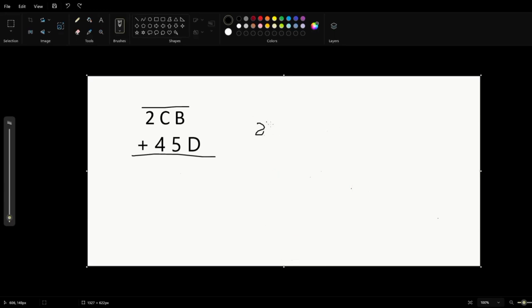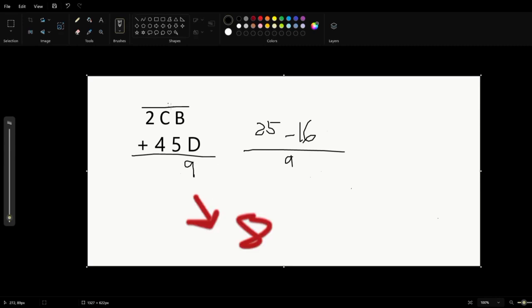Now, according to the rule, if the outcome is larger than 16, we must subtract 16 from it, since it is based on 16. 25 minus 16 is equal to 9. Carry 1 to the next column then.